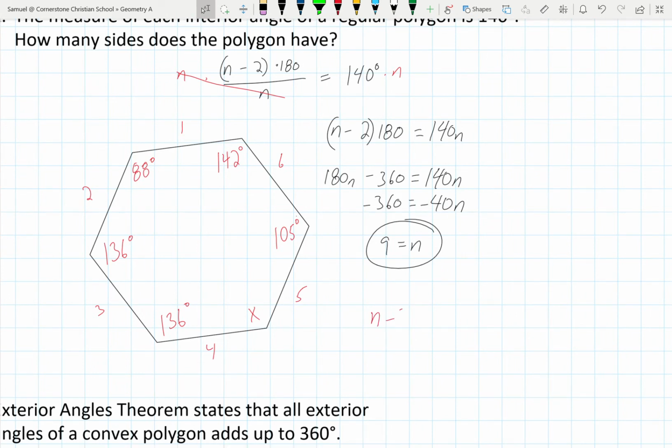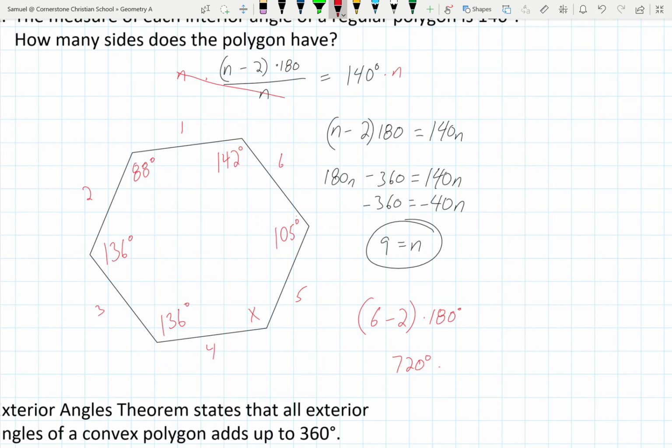That would be (n minus 2) times 180 degrees. That's going to give me how much all of the interior angles should combine to become. So I'm going to plug in 6 here. 6 minus 2 is 4. 4 times 180 is 720 degrees. And so all of these interior angles should add up to be 720 degrees.